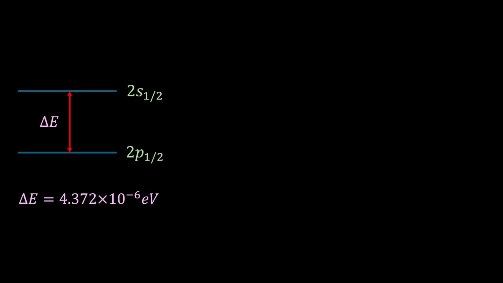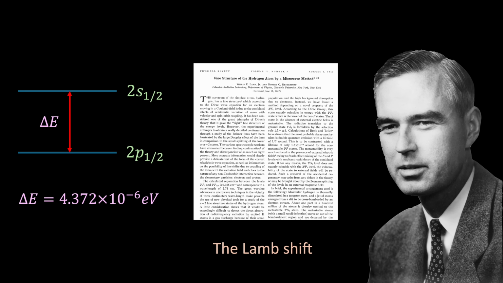QED also explains the subtle energy shifts observed in hydrogen, known as the Lamb shift, which arise from the jittering quantum vacuum of electron-positron pairs and the electron's self-interaction with its own field. These are concrete payoffs of a weak coupling. The simplest diagrams dominate, the higher order ones are controllably small, and when we add them all, the numbers line up with reality to absurd precision.